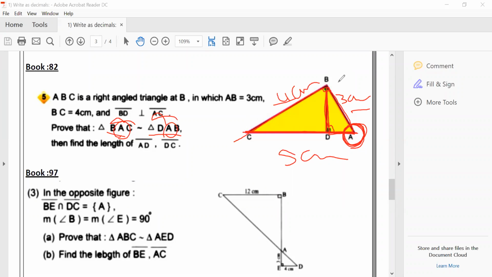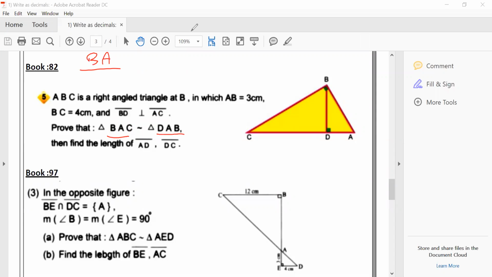From similarity, write the proportional sides. There is no place at all here. Proportional sides, BA over DA equals AC over AB equals BC over DB, in this order because some letters are common. Where is AB? AB is given, 3.